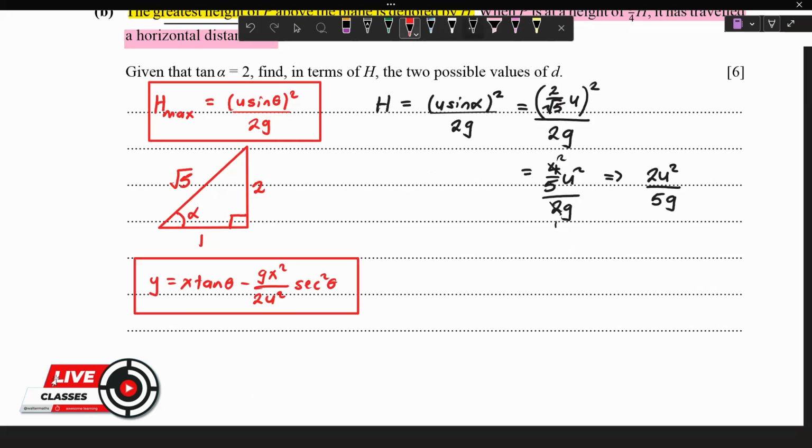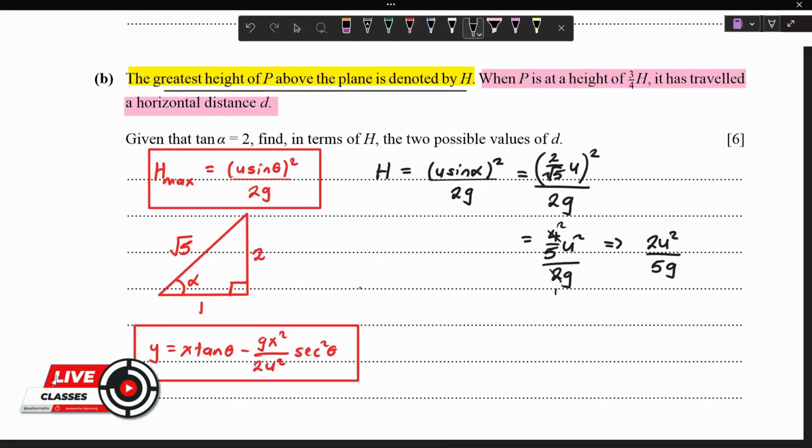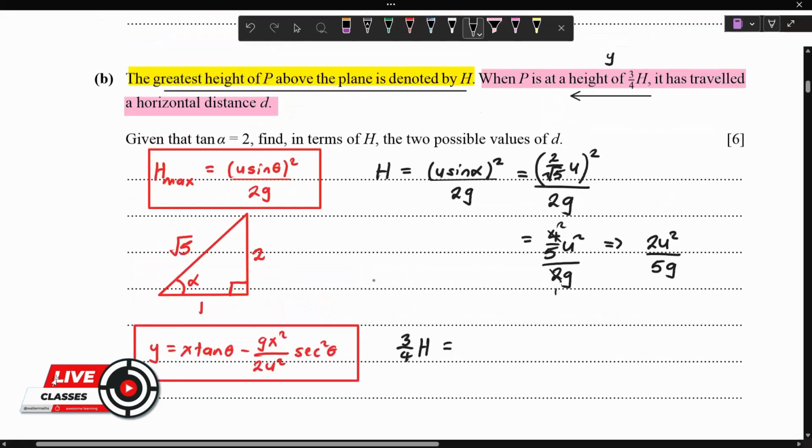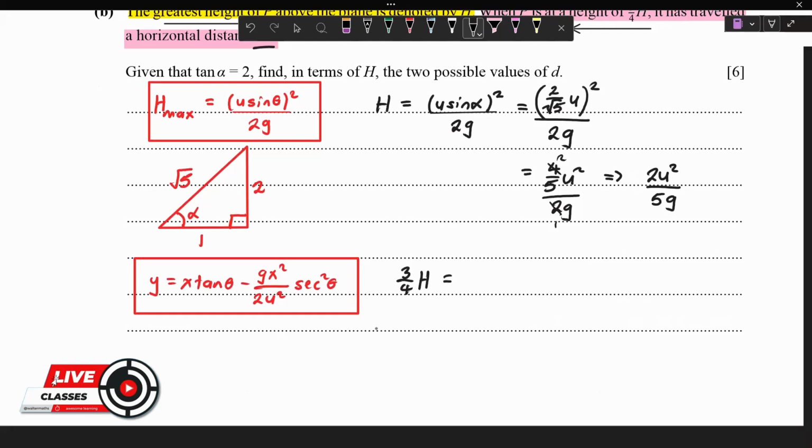And for our particular case, for y, they say the height is 3/4 of h, so we use 3/4 of h. Here they say the horizontal distance is d, so that's x. So basically that's going to be d tan alpha.